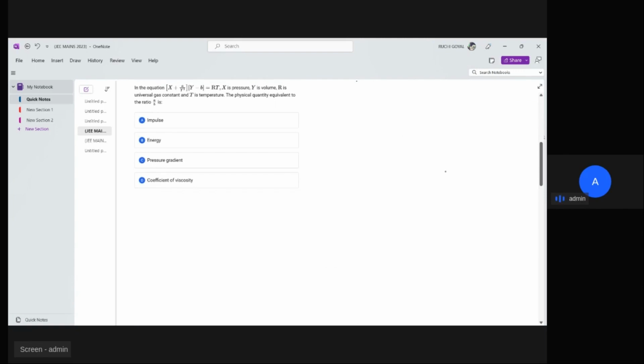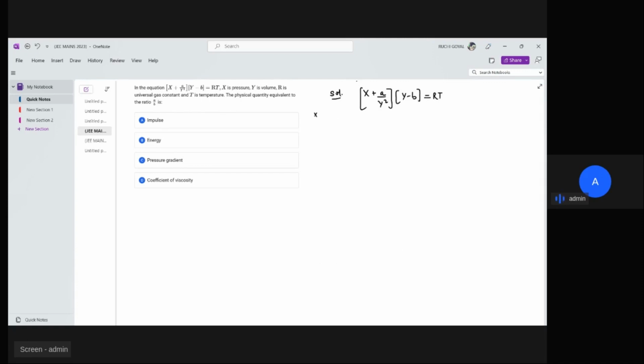Next question is, in the equation x plus a divided by y square, times y minus b, is equal to rt. So the equation is given to us. What equation is given? X plus a divided by y square, y minus b is equal to rt, right?